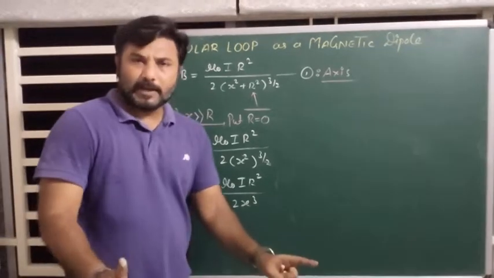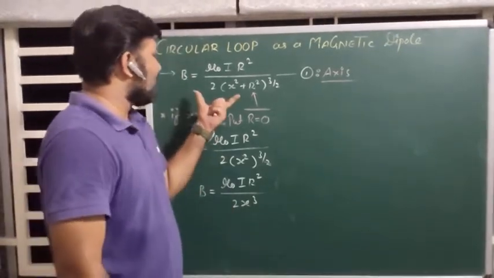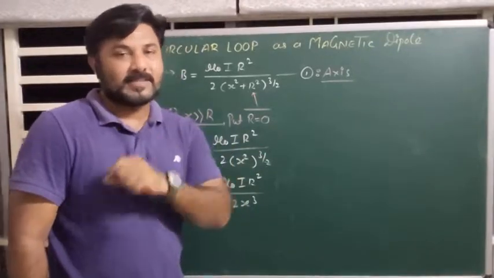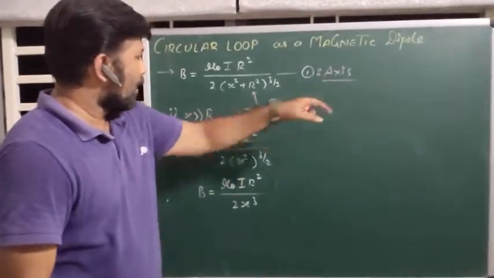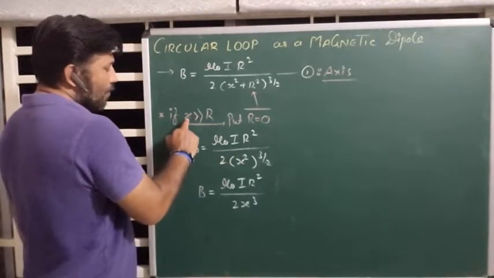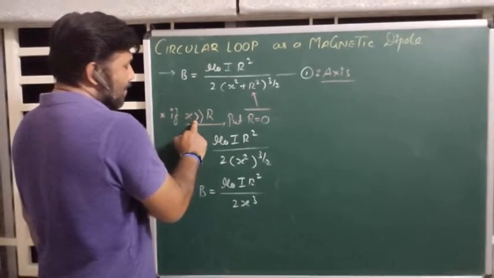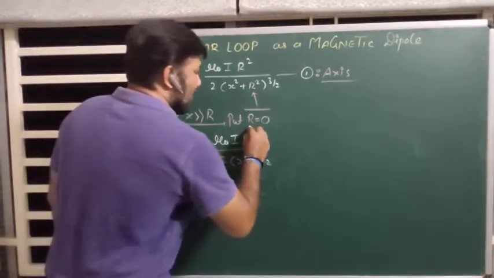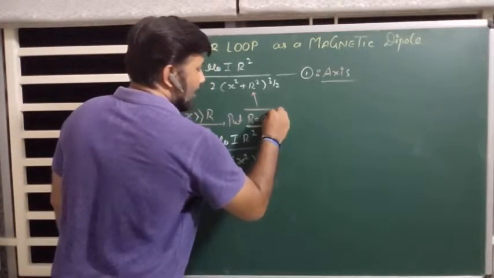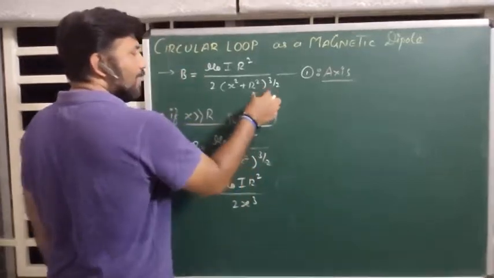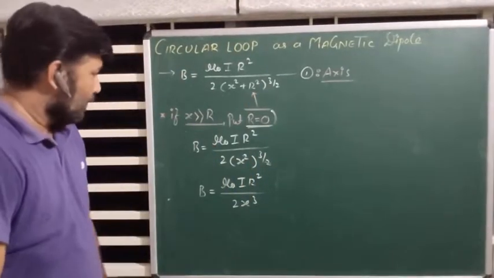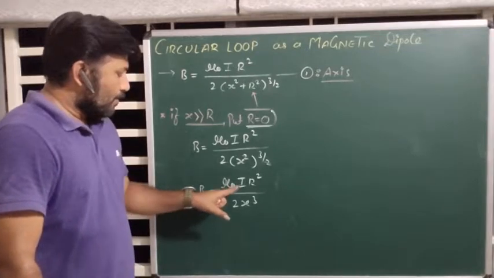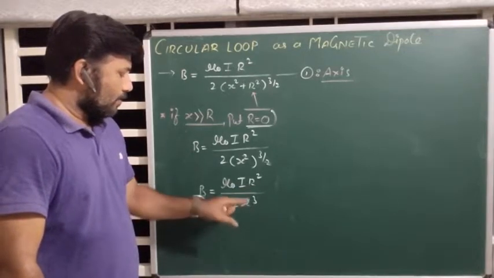Simple thing is that we used the equation of magnetic field for a circular loop on axis, then we took the condition x much greater than R, so we placed R equal to 0 in equation number 1.